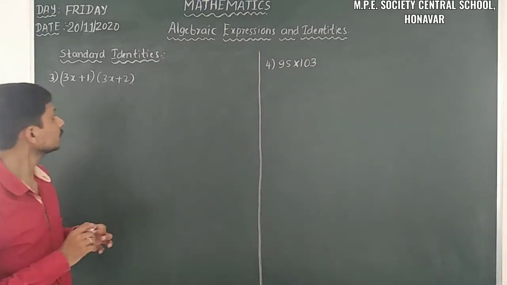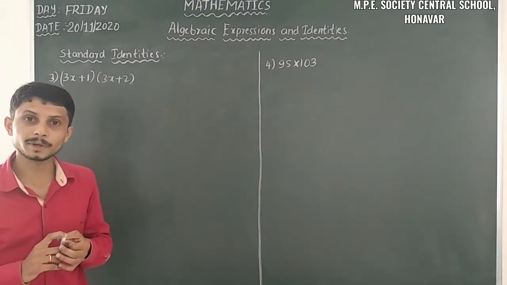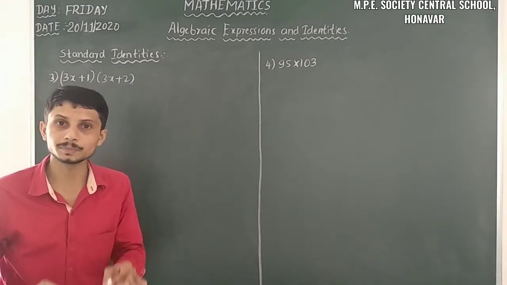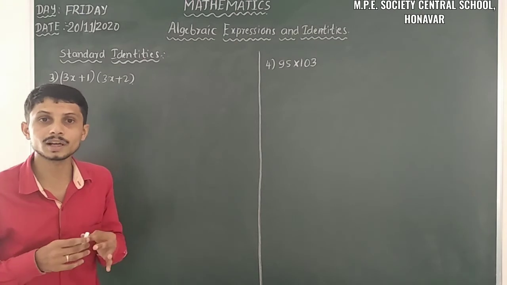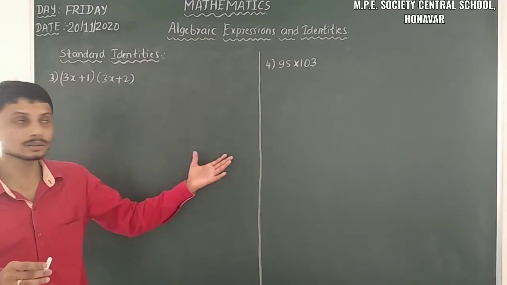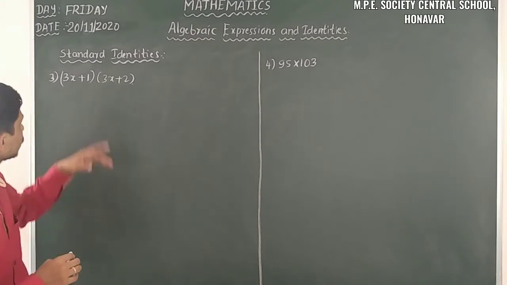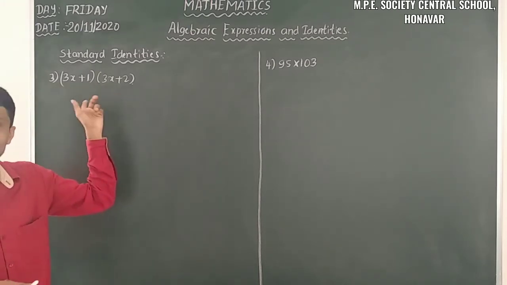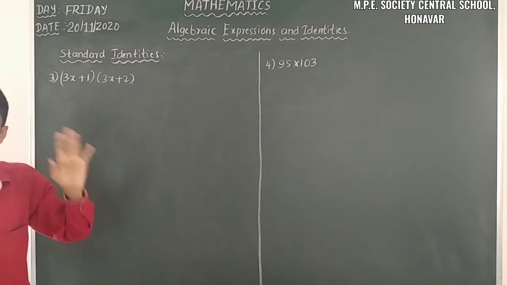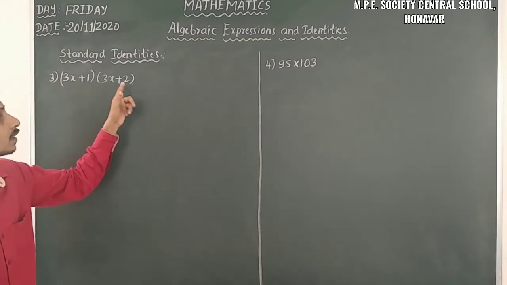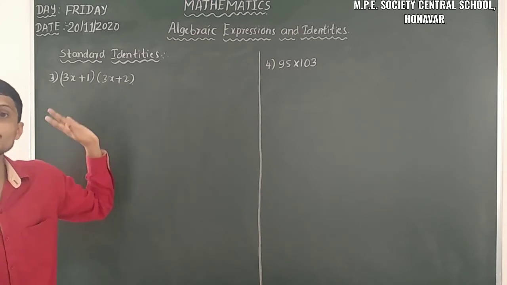Yes, so firstly we have to deal with the algebraic situation. Likewise, (a + b) whole square, (a − b) whole square, (a + b)(a − b). Here also we have the algebraic situation and also the numerical situation. Firstly, just observe here 3x. In place of the first part we have 3x, but the change is in the second place: here we have 1, here 2.